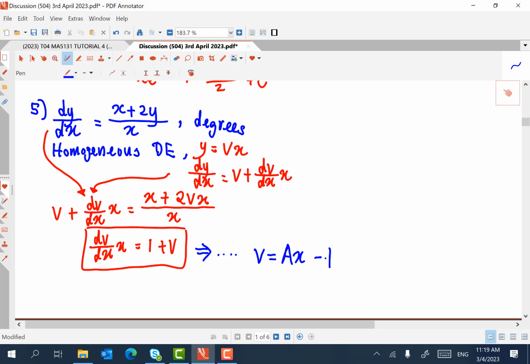Can you all verify that you do get this? Jingwen, do you get the same thing? You finished it, right? And then in the end, at the end of it, you will get y equals to. You had gone one step ahead in it.